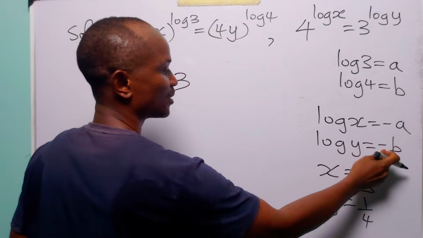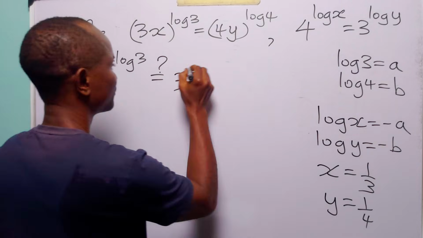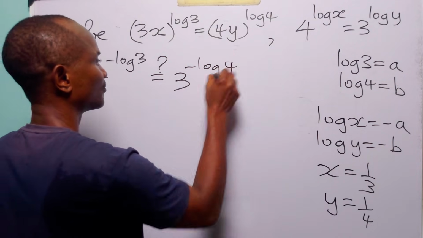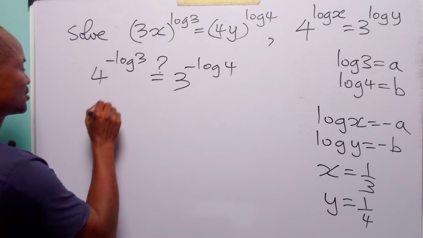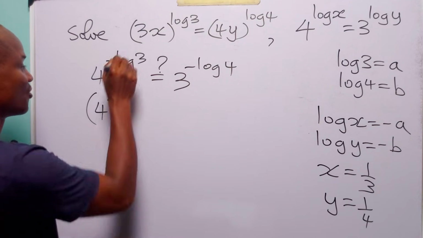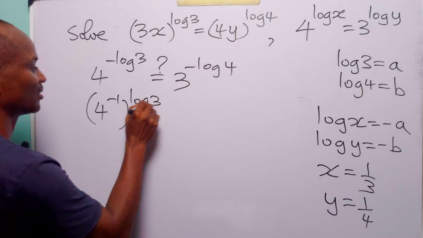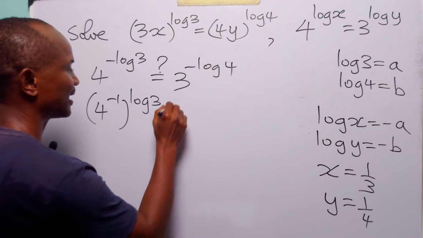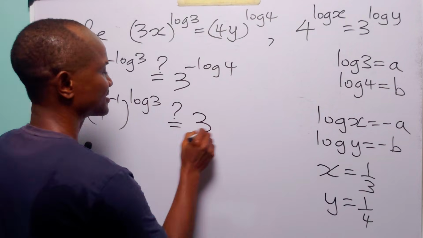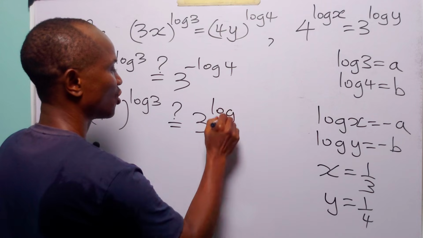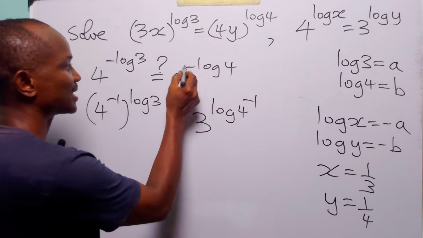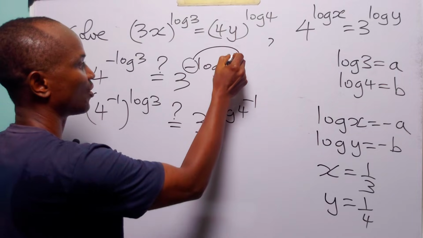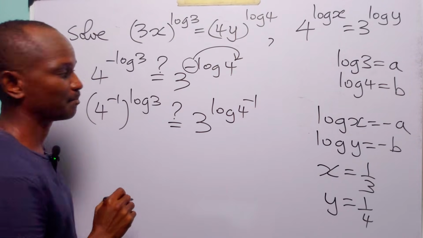Log y is equal to minus log 4. Of course, you know that we can write this as 4 to the power minus 1 raised to power log 3. And then we can also write this as 3 to the power log 4 raised to power minus 1, because you know that we can apply the power rule of logarithms to this log term.